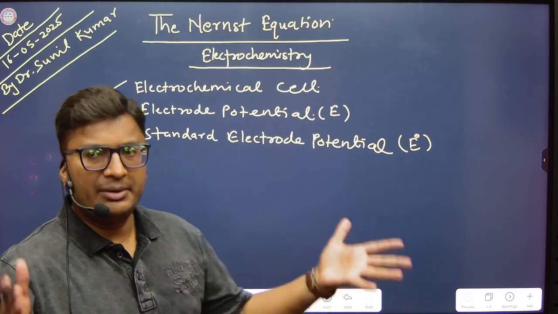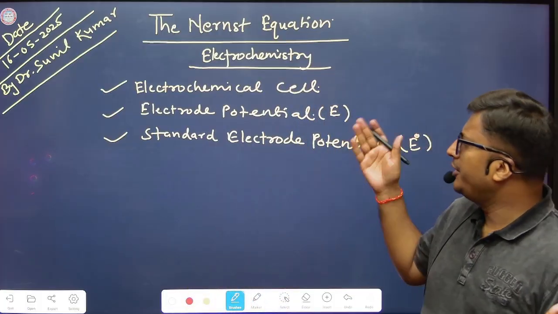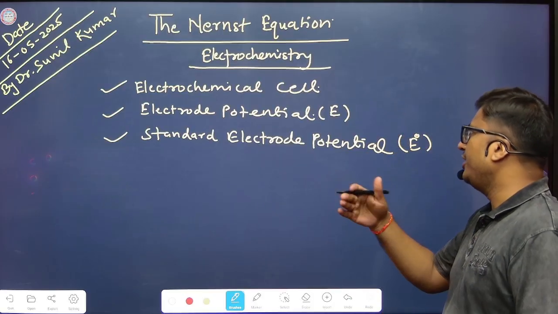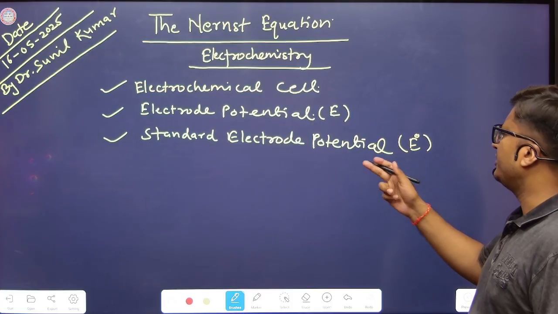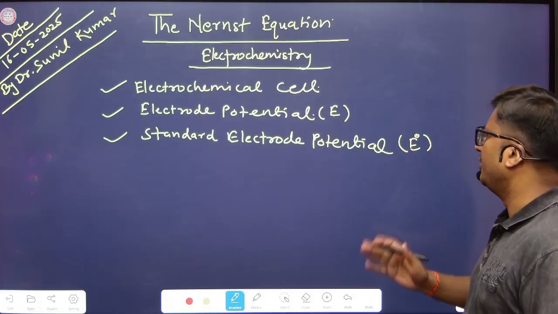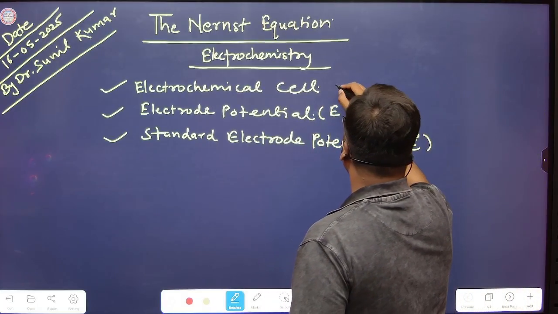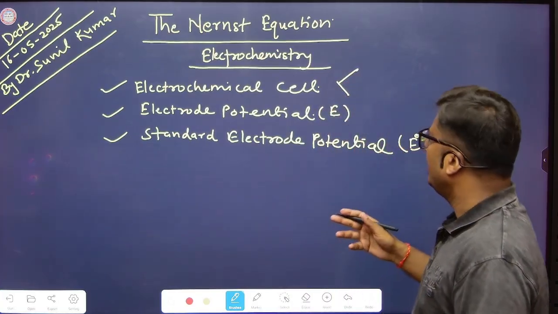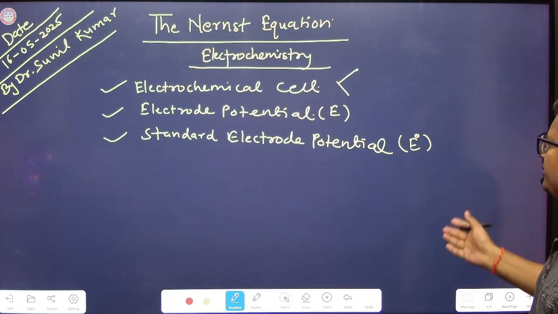And in the previous lectures, what we have studied about the electrochemical cell, it is of two types. That is the galvanic cell, and the second one is the electrolytic cell. So overall, the electrochemical cell is related to the conversion of chemical energy into electrical energy, right?